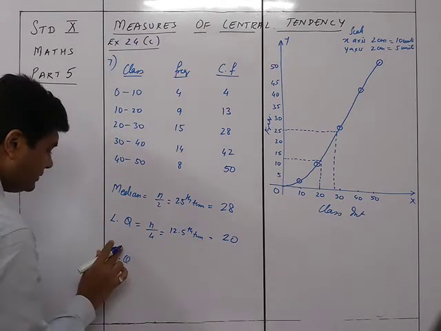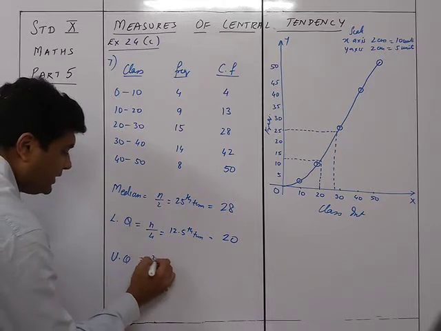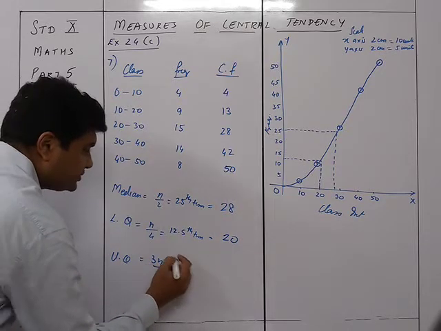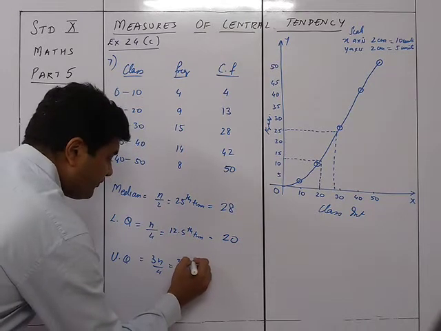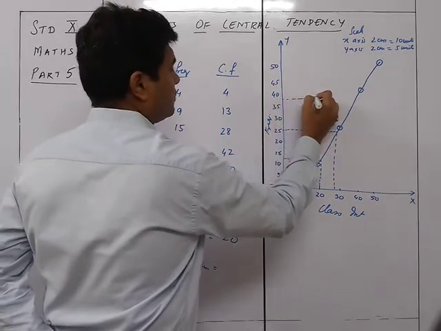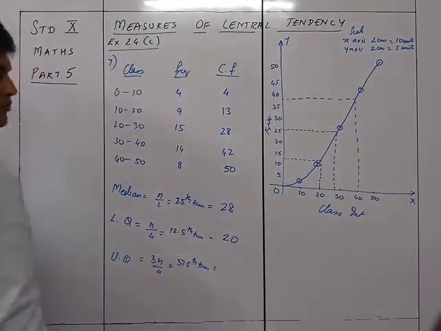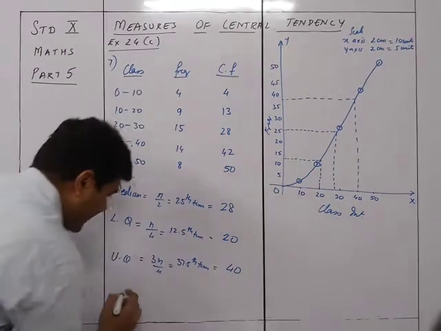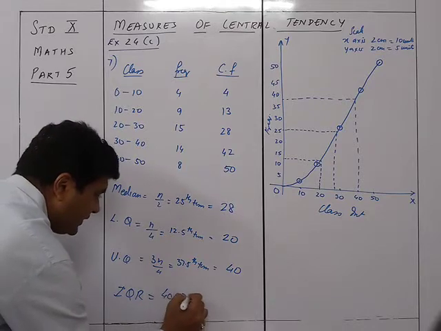Then the upper quartile will be 3n upon 4, which is 50 into 3, 150 upon 4, which is the 37.5th term. Now 37.5 will be from here, goes down like this to give you around 40. So that will be around 40, and the interquartile range will be 40 minus 20, which is equal to 20.